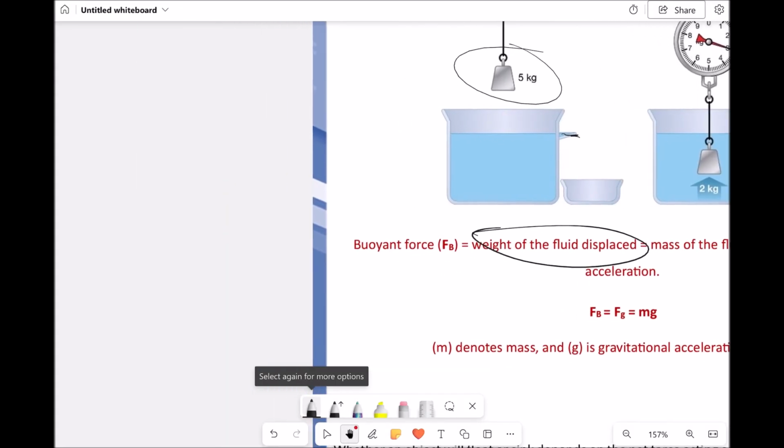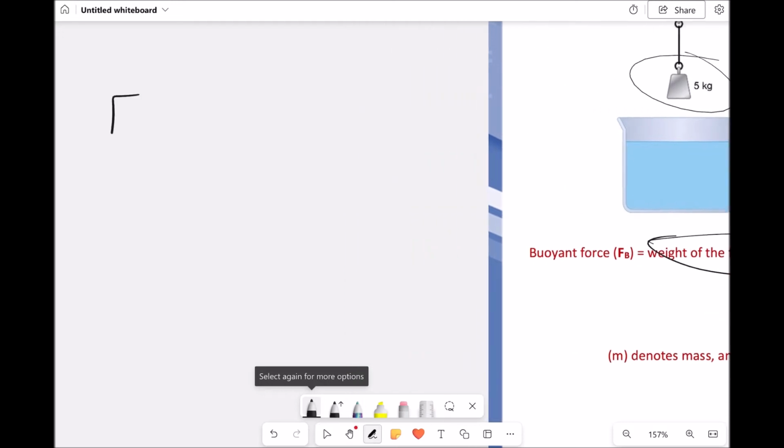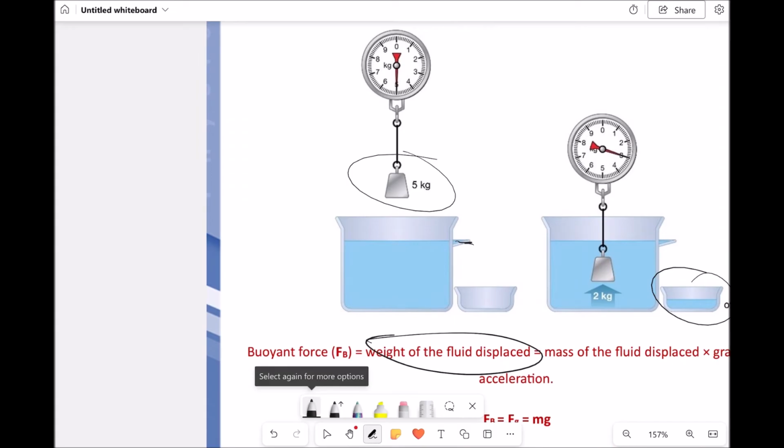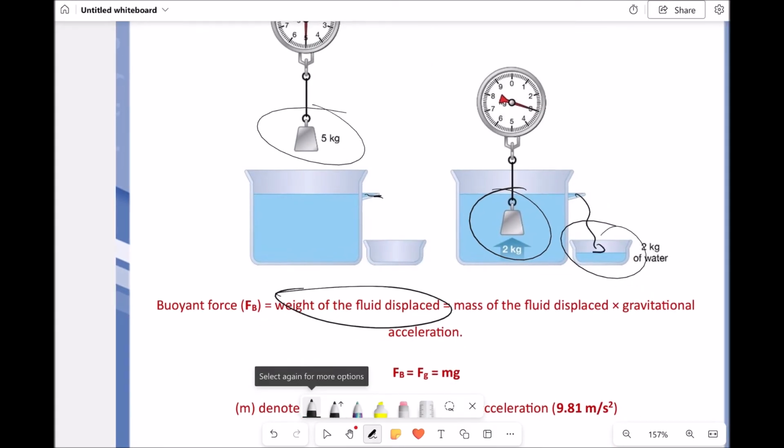So FB here, guys, which is the buoyant force. If you throw this object here, the amount of water here is going to be the weight of the displaced fluid, which is equal to the buoyant force.